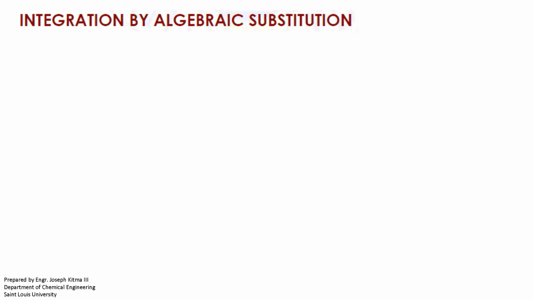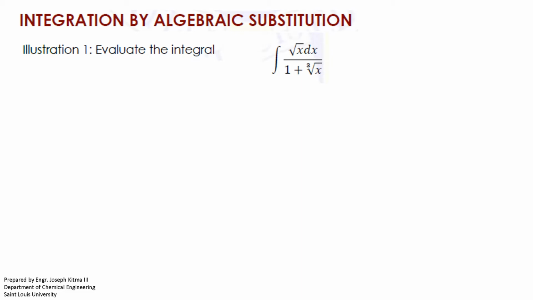There are some functions that involve radicals or fractional powers of x. For these types of functions, the integrand can be simplified by algebraic substitution. Let us illustrate that. If we want to evaluate the integral of the square root of x dx divided by 1 plus the cube root of x, we could write the integral in terms of fractional exponents.